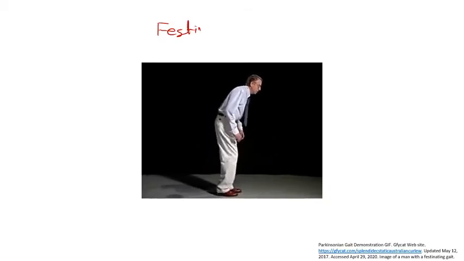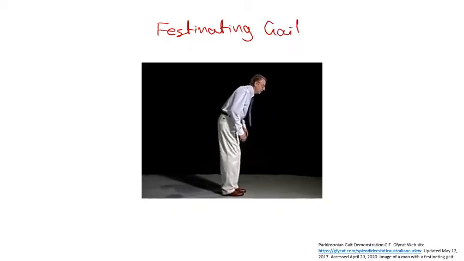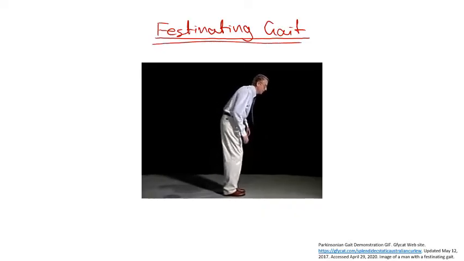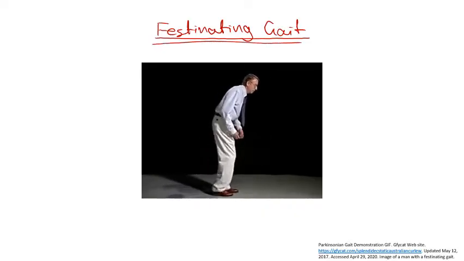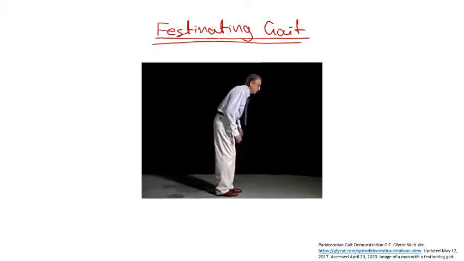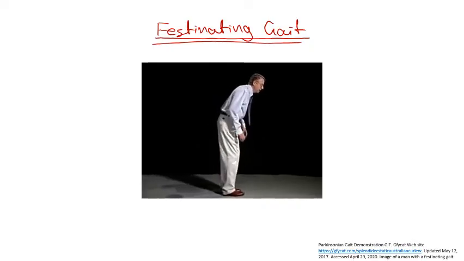The next type of gait that I want to talk about is called colloquially a Parkinsonian gait, but usually medically is called a festinating gait. And a festinating gait, as you can see in this GIF here, usually results from a person who has Parkinson's disease, and it's when this person is unable to walk properly, usually because of their tremors.